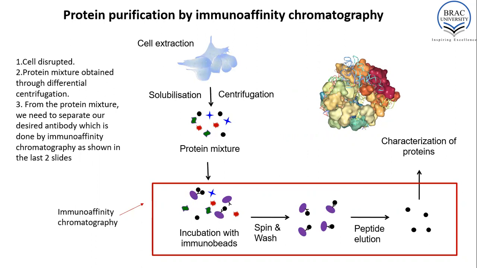In this case, the cell has been disrupted. In all of them, the cell needs to be disrupted first, and the protein mixture is then obtained by differential centrifugation. From there, we need to separate out the desired antibody, which has the immune affinity to the chromatography, as shown in the last two slides. So that is more of the same as affinity chromatography.